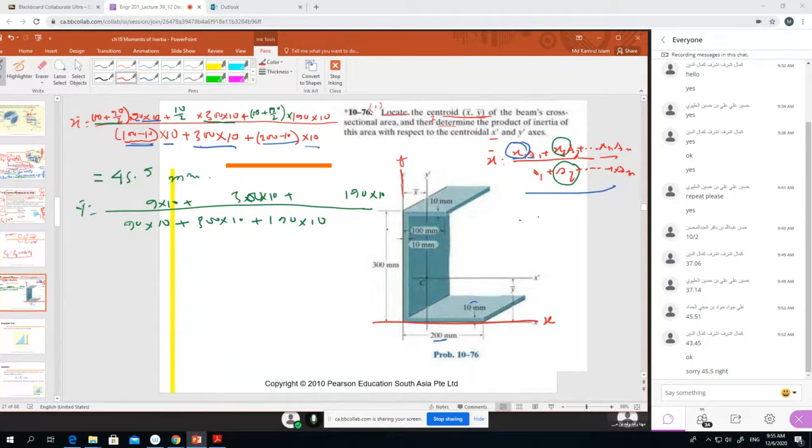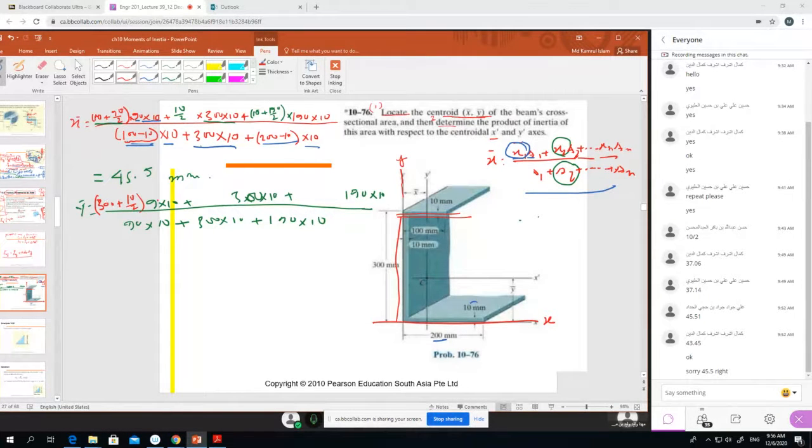For section one, our imaginary center is somewhere here, right? For section one it is 300 plus half of it. Here is our center, so I write 300 plus its thickness, which is 10, so 10 by 2.